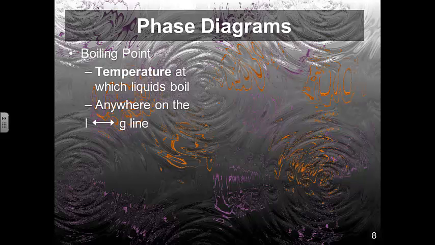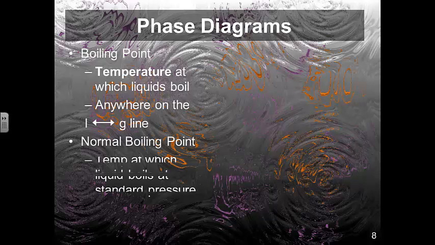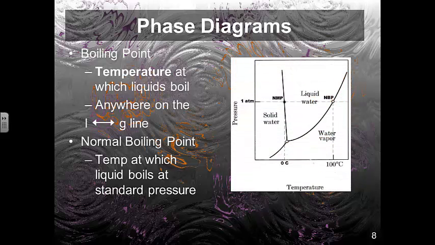You can have a boiling point anywhere on the liquid-gas line. The normal boiling point is the specific combination of temperature and pressure where the pressure is standard. So it's the temperature at which a liquid boils at standard pressure. And again, here on the graph, we labeled NBP. Normal boiling point is 100 degrees C.